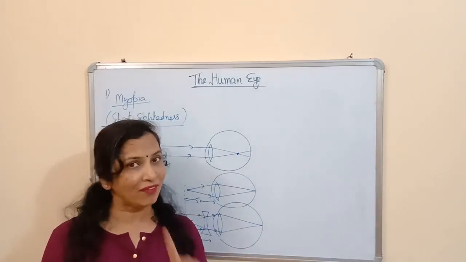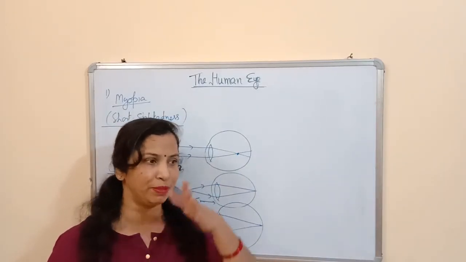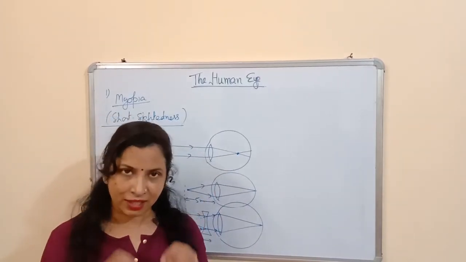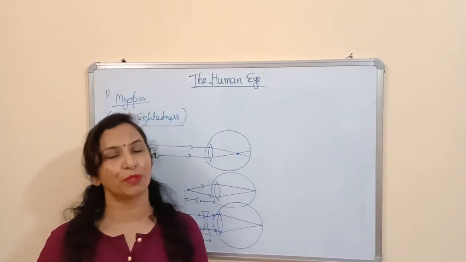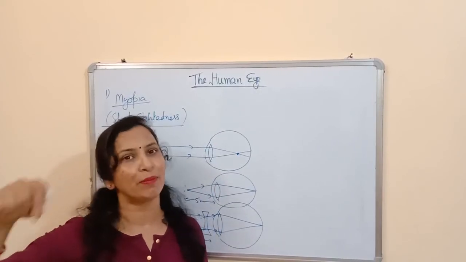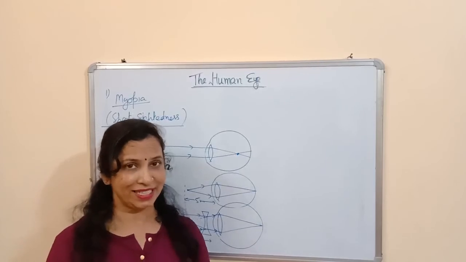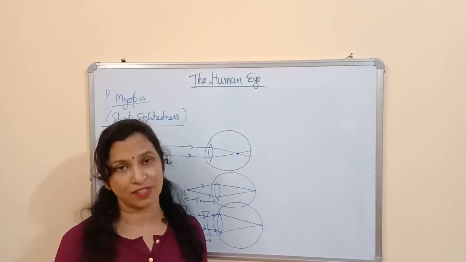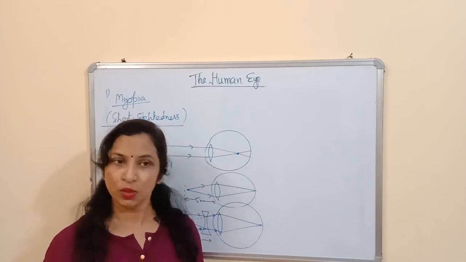So it can have both defects of vision, myopia along with hypermetropia. In some cases there is only hypermetropia. At this age the person is not able to see the nearby object at a distance of 25 centimeters clearly. So that is presbyopia.